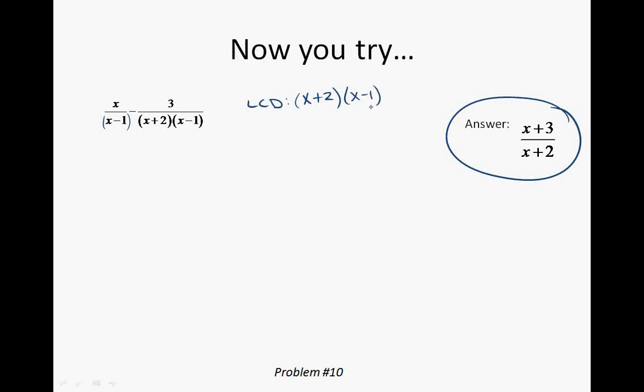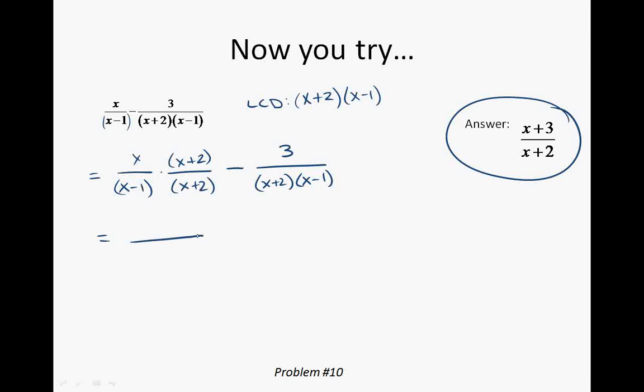So I'll change the first fraction by multiplying it by x plus 2 over x plus 2. And that second fraction, I can leave it alone because it already has the least common denominator.